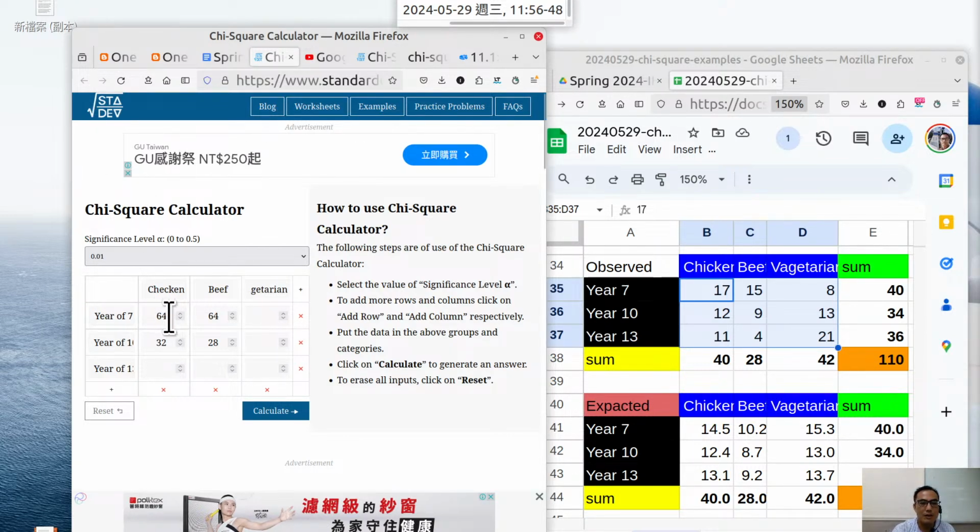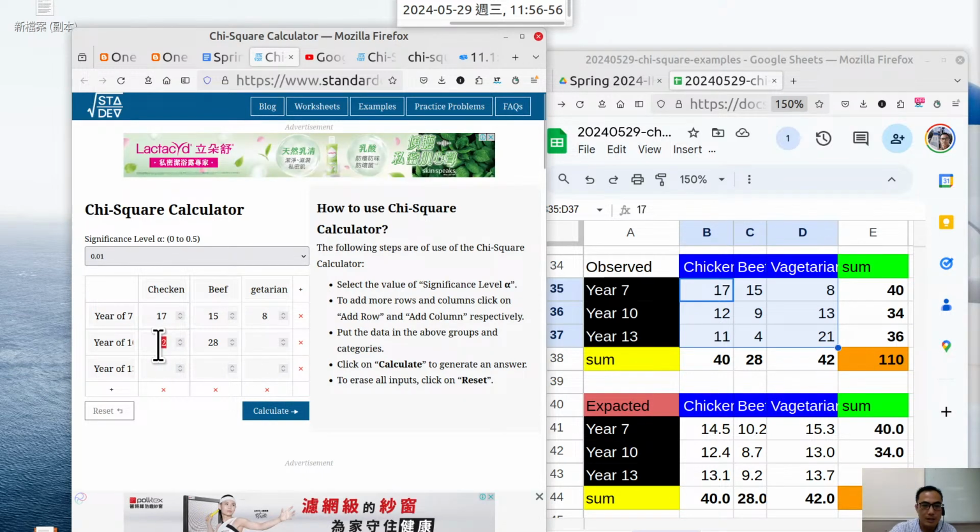Okay, now the first number 17, the second 15, vegetarian 8, year of 10, that is 12, that is 9, that is 13, 11, 4, and 21. Okay, please finish this part.